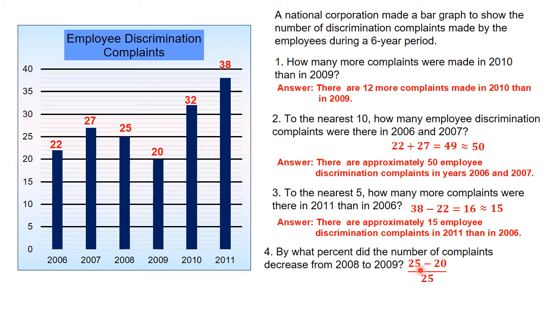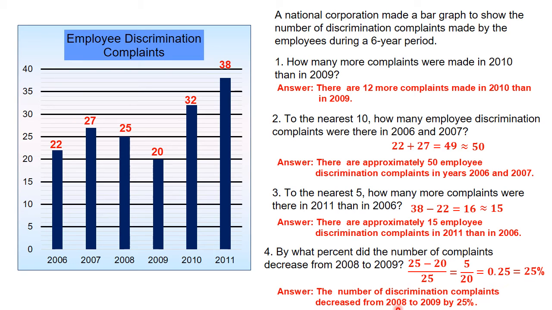We use 25 as the original amount, decreased from 2008. 25 minus 20 gives us 5, divided by 25 is 0.25, and that gives us 25%. The number of discrimination complaints decreased from 2008 to 2009 by 25%. We may proceed to our next graph.